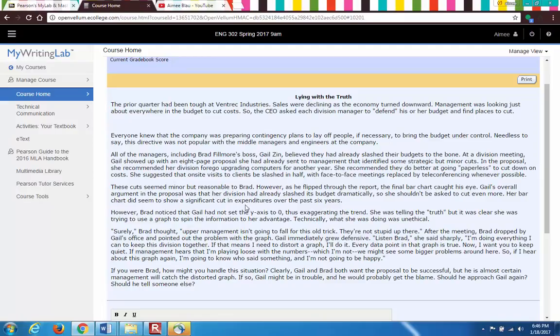So this is an example of when someone has used charts and graphs to manipulate the data, and it has to do with not setting the y-axis properly. So technically they're telling the truth, but the way that they're representing the visual is unethical.